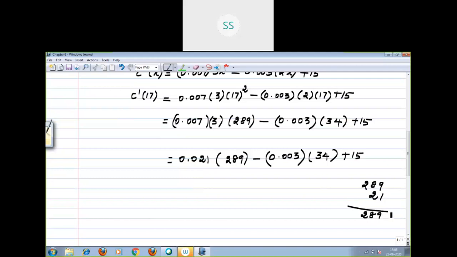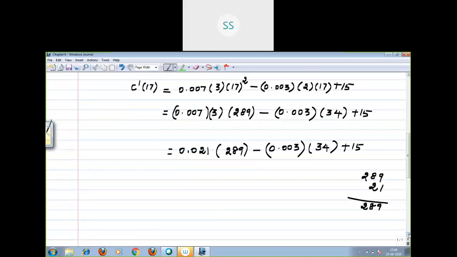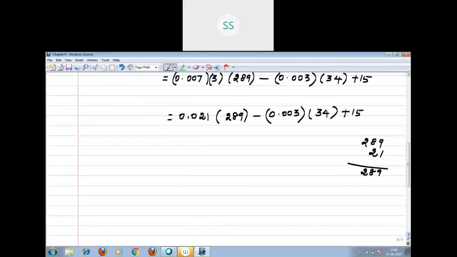Now see here, 2 9s are 18, remaining 1, 2 8s are 16, 17, remaining 1, 2 2s are 4, 4 plus 1, 5, 9, 6, remaining 1, 10, remaining 1, 6.